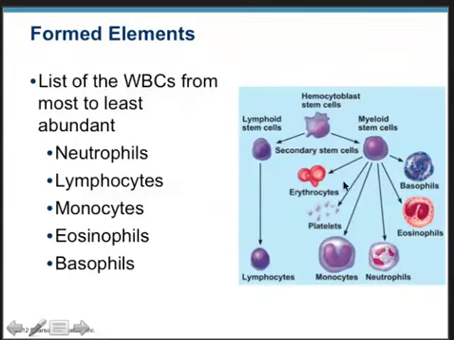Again, all depending on their interaction with certain chemical factors in different tissue compartments that cause these stem cells to develop along a different path and generate a completely different cell type. So you can see how the influence of these chemicals by binding to the cell membrane can drastically affect the types of white blood cells that these stem cells end up producing.